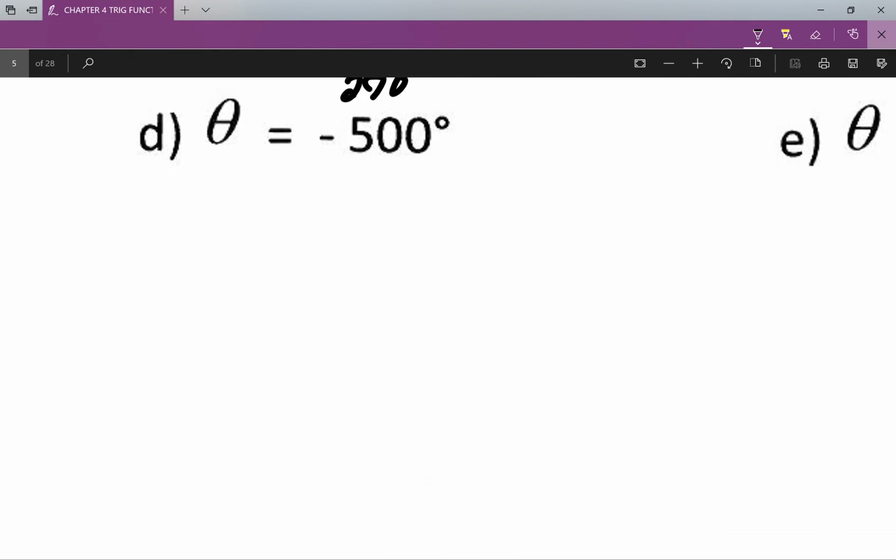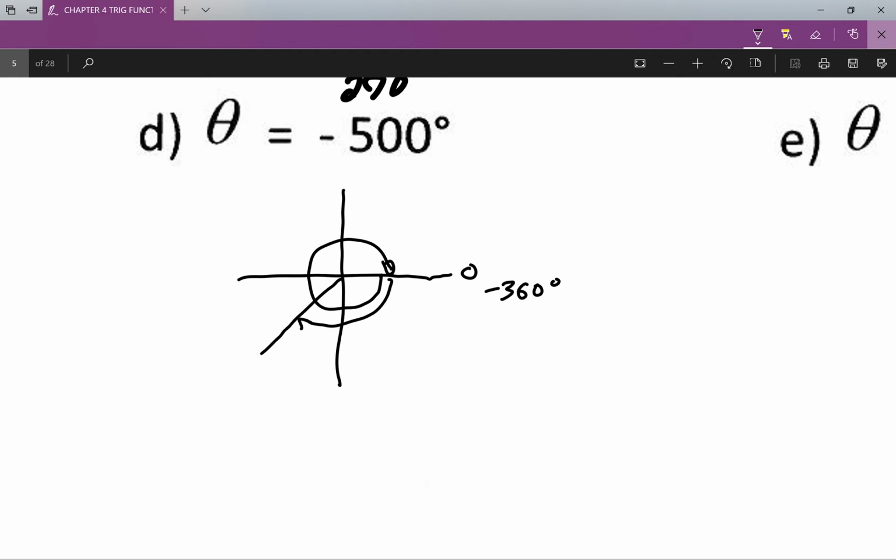Negative 500 degrees. So now again, if we start at that 0 and we go one direction all the way around backwards, I go backwards to that negative 360 degrees. After that, that's going to leave us negative 500 minus negative 360, which leaves us negative 140.